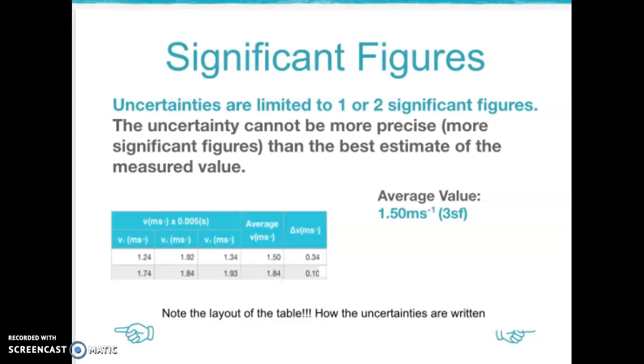Now, the last point. How do we lay out our tables when we're doing experimentation? Well, your independent and dependent variables will be placed in separate columns. But at this stage, and I'm not going to go into more complicated ideas such as raw and processed data, I'm just going to talk about uncertainties.